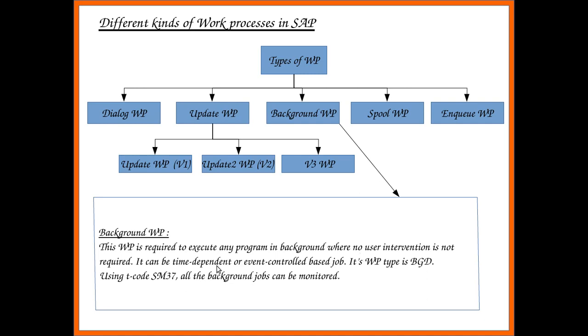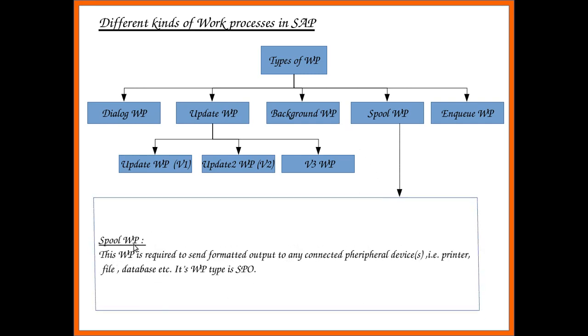It can be time dependent, meaning we can set a time at which it starts, or event controlled, or there can be dependent jobs also. If you go to SM51, you can see that its type is BGD. If you want to monitor the background jobs, then you can go to the SM37 transaction.